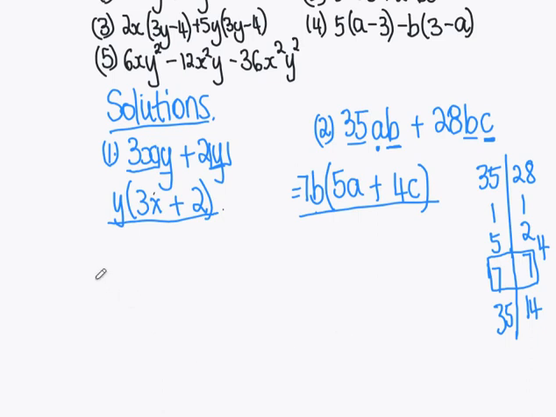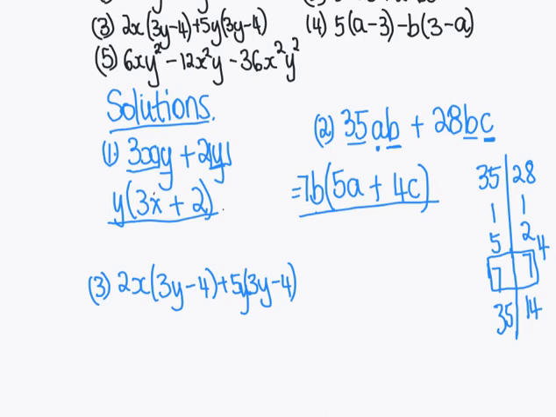Now let's look at number 3. Number 3, we have 2x(3y minus 4) plus 5(3y minus 4), and then this is 5y here.